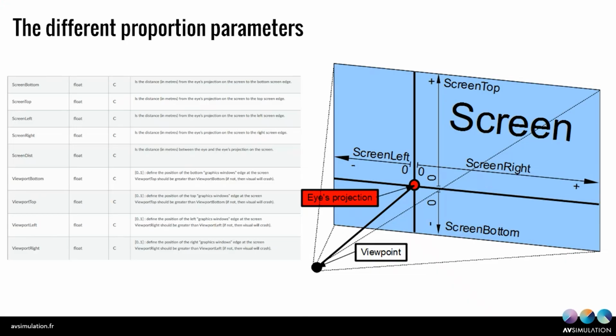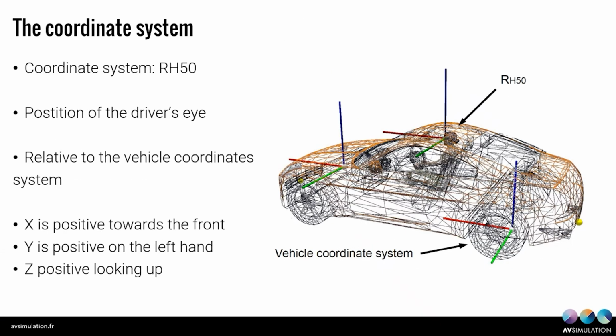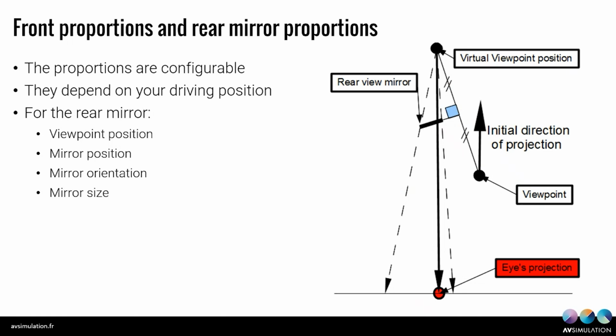So let's go back a little bit into the presentation. The position offset is actually the projection of my eye point according to the center of the rear mirror. So let's imply that this is a rear mirror for a right driving position, and we have to project this image from this virtual viewpoint.